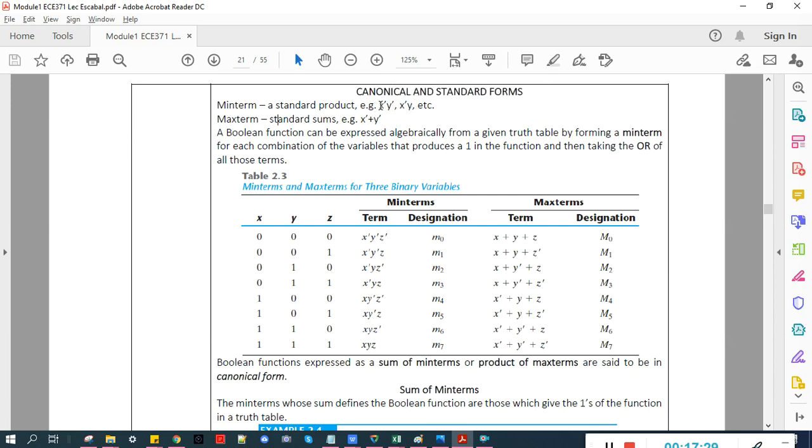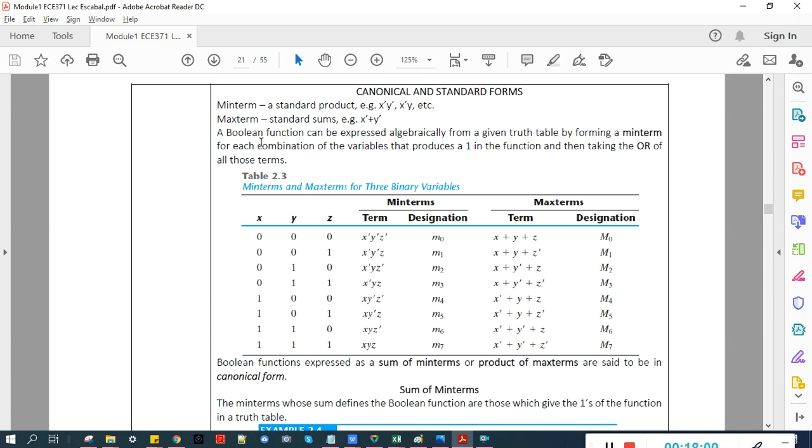We are multiplying, or ANDing, the terms. Max term: this is a standard sum. For example, x prime plus y prime. So we are using the OR operation for each single variable.